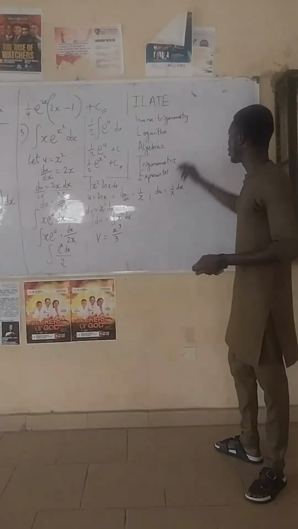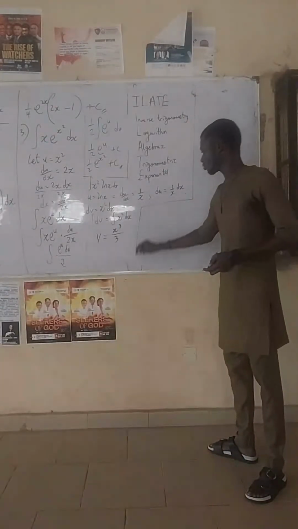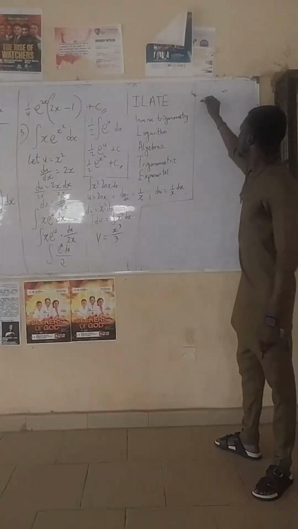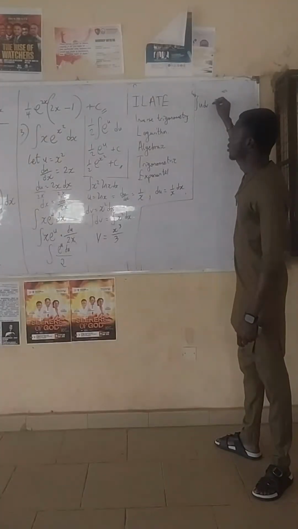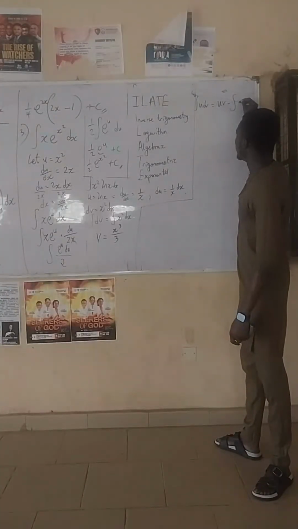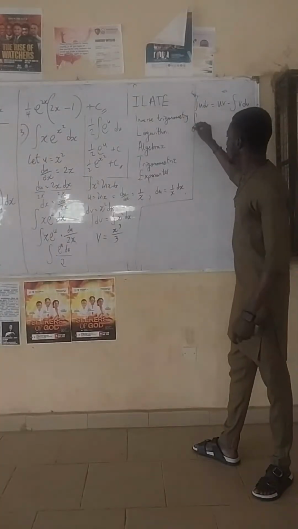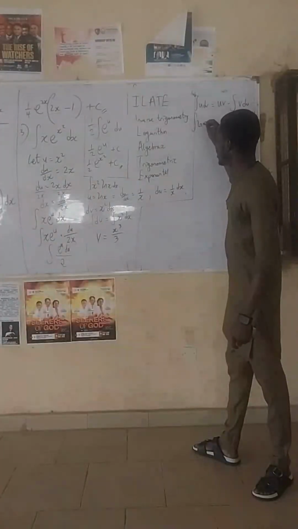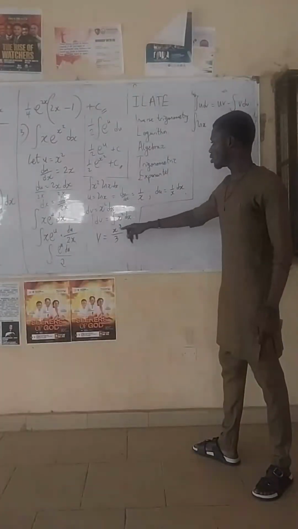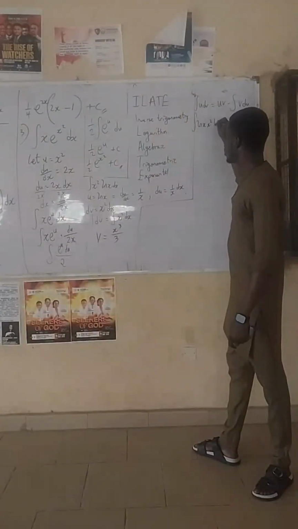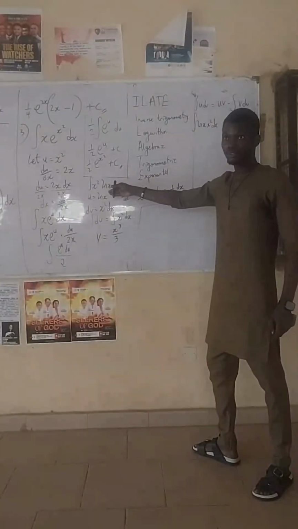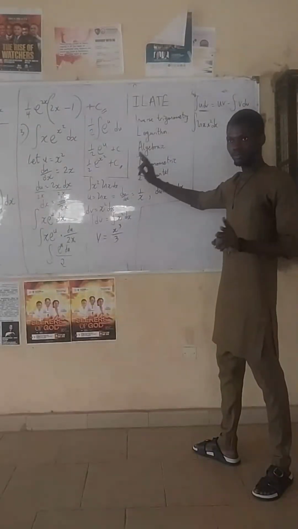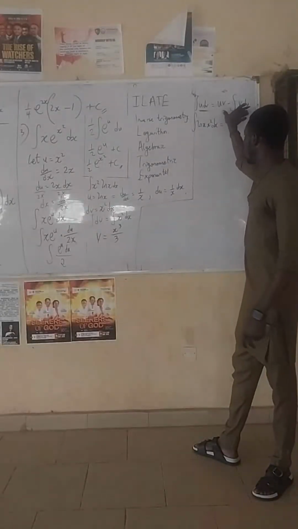Then to solve this one using the formula: integral of u dv equals uv minus integral of v du. That's u, which is ln x. Our dv is x squared dx. It's the same thing as the first question, which now equals, this is what we have business with.